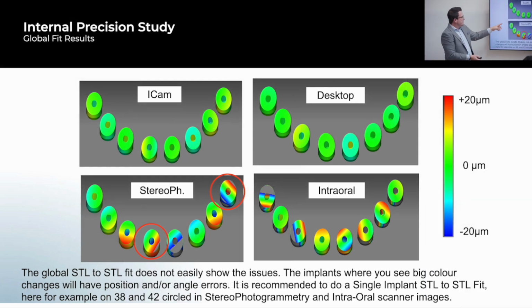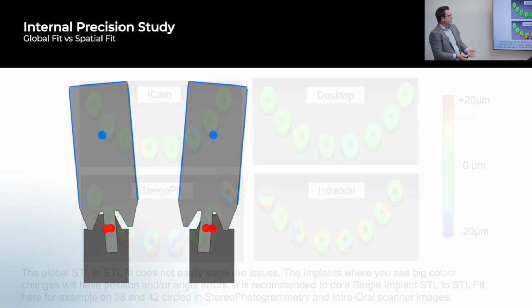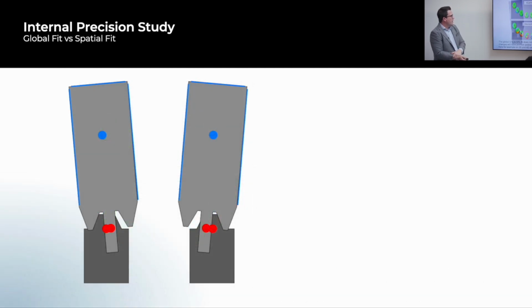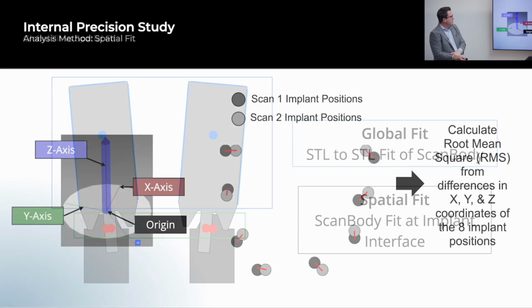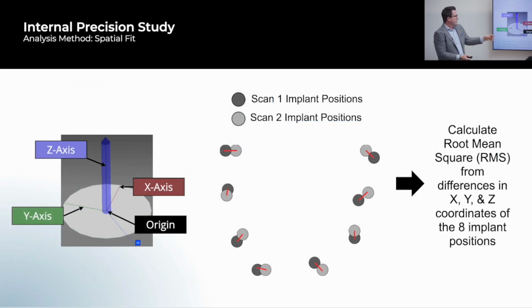And so that's one of the reasons when you see our design, why we've built it in this way. So when we looked at the different functionalities, and we've got the scale over on the right side of the screen there, you can see with the stereo photogrammetry and an intraoral camera, you have a lot of inaccuracies within the scan. Versus the iCam and the desktop scanner, which are highly accurate and highly precise. I'll go forward to this one here. So basically what we do to test is we take 2 scans.